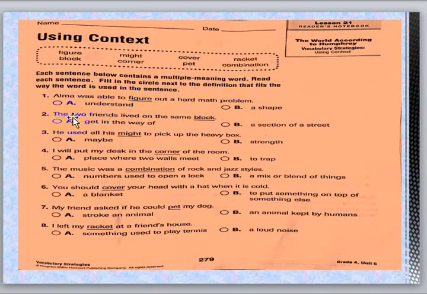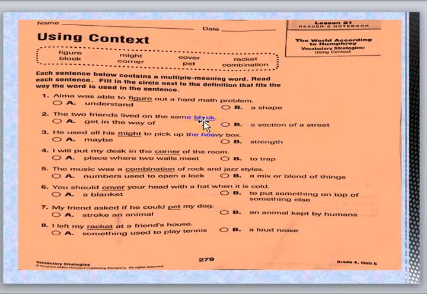Number two, the two friends lived on the same block. Block here means what? It's a noun. Number B, a section of a street, like we talked about on the previous page.